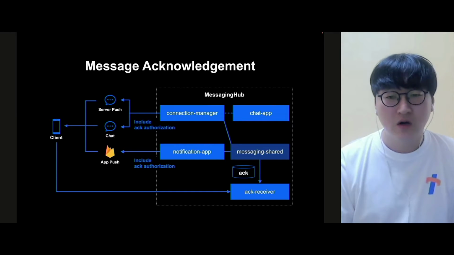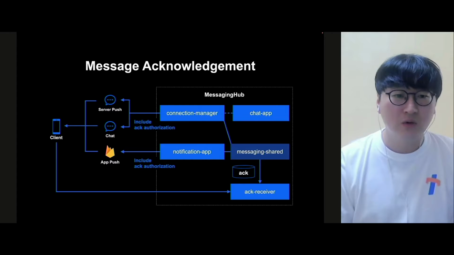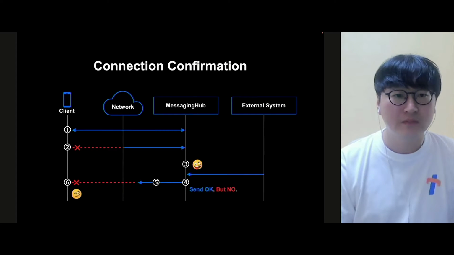The client makes sure that it has received the message, and the messaging hub needs to know. Therefore, the ACK information: when the client receives the message, it sends the ACK information, and the messaging hub needs to be notified. Using this confirmation of the message, for messages that have dropped in between, a callback process could also be functional.